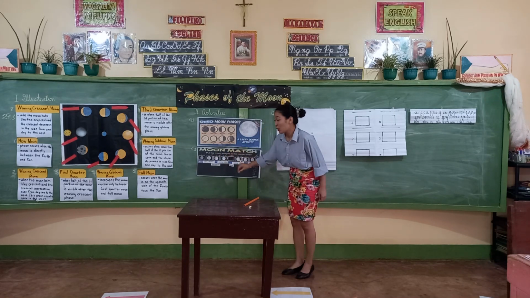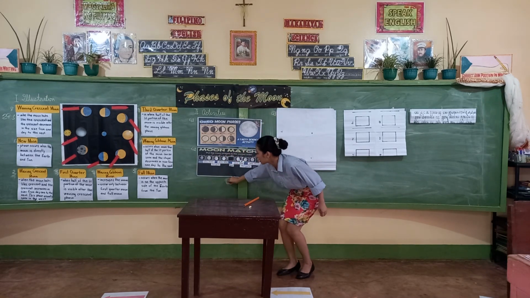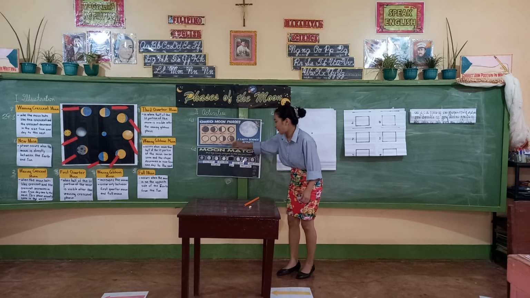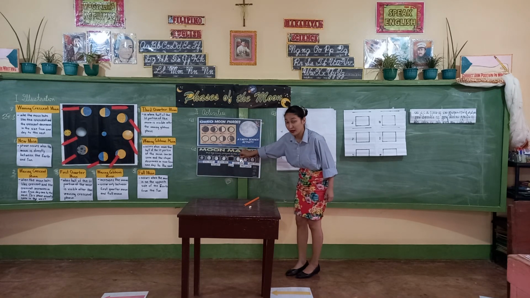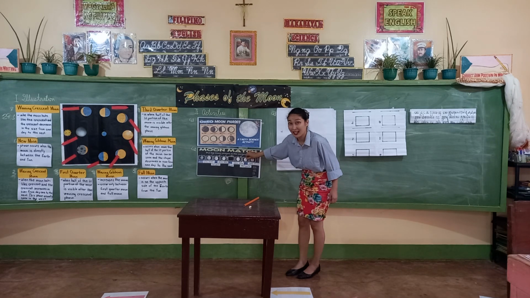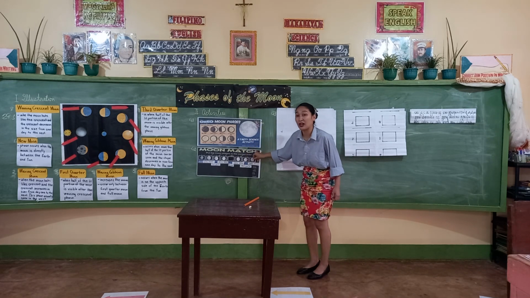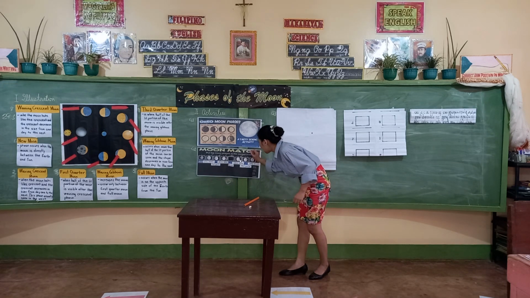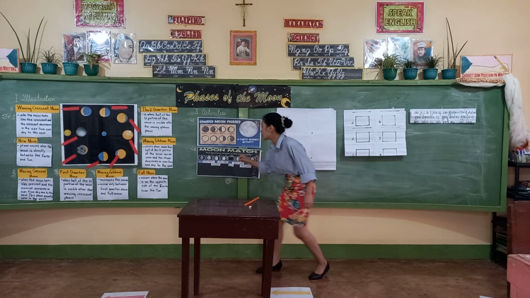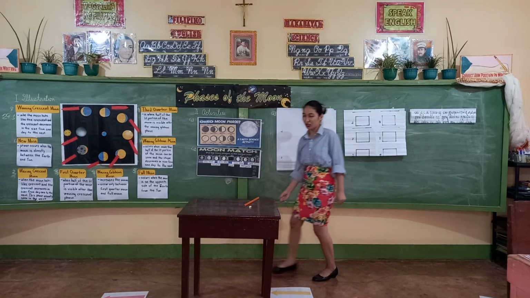Next one. Oh, they missed the full moon. It should be like this. Very good, but the name is correct. How about this one? Very good. Next. That's right. How about this one? Very good. Group 2, you got 7/8. You missed one. And this is bonus for you.